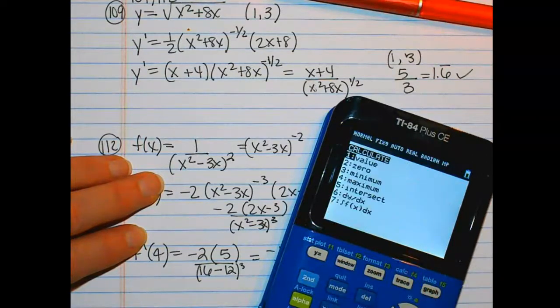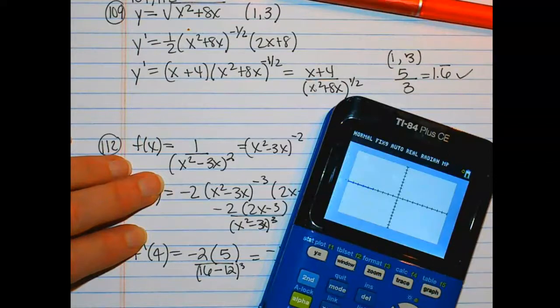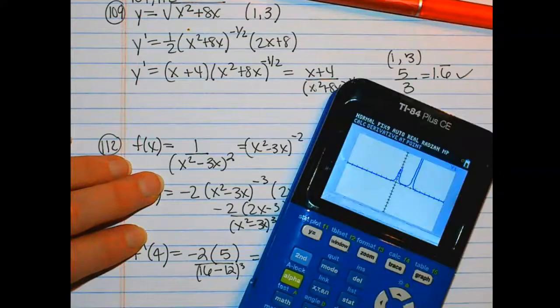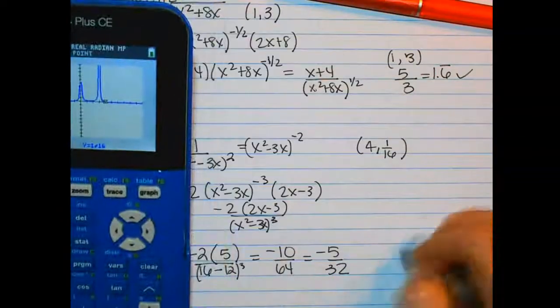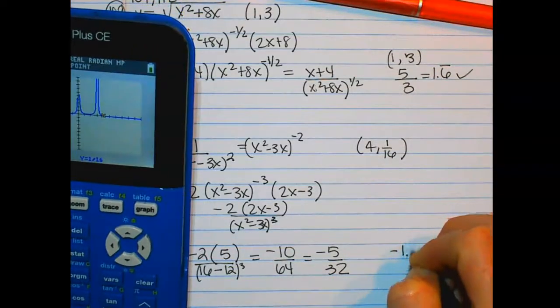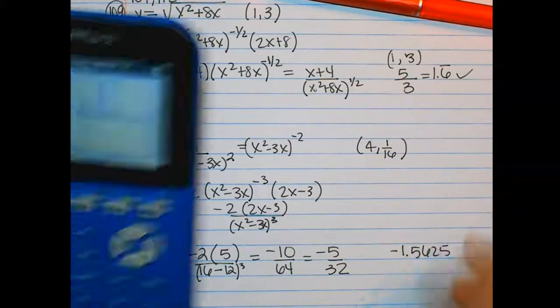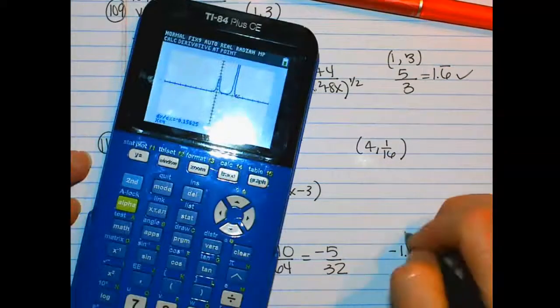Calculate the derivative. Interesting. And I need it at 4. It says negative 1.5625.